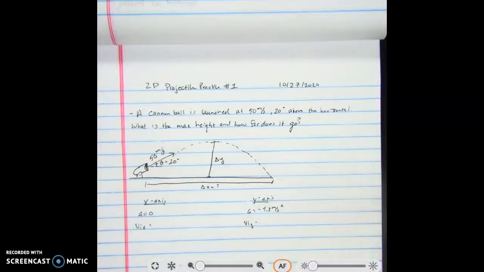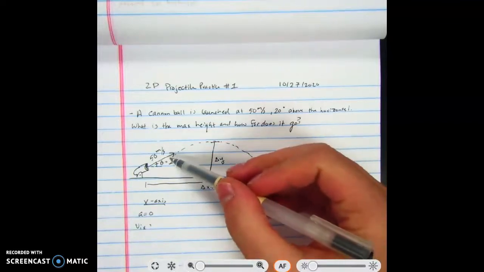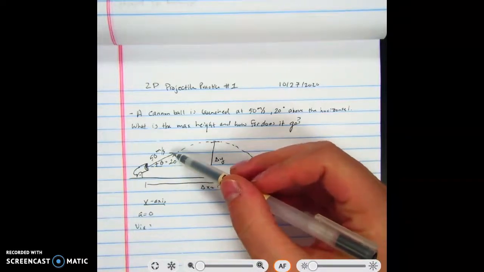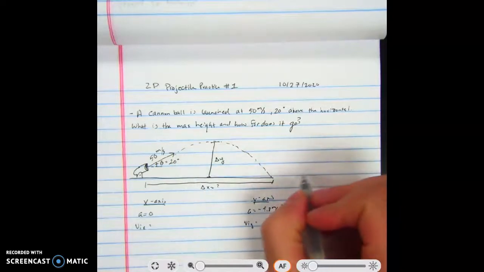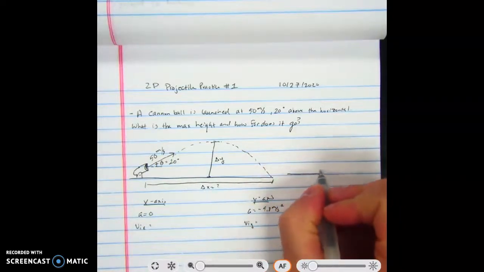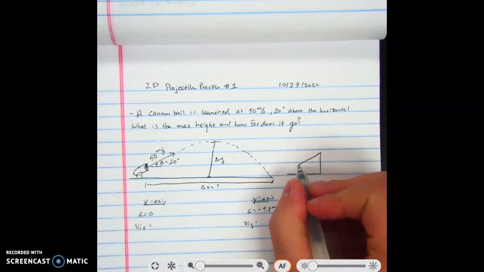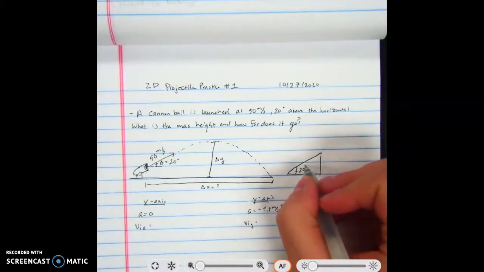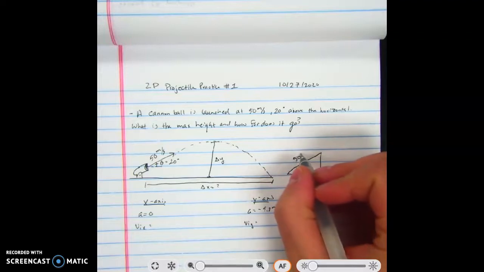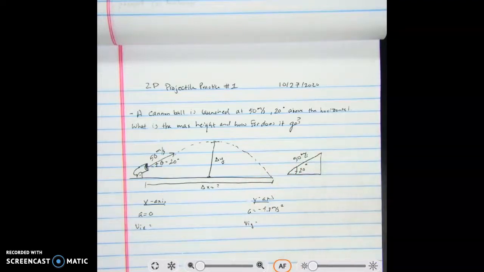but we can solve for those two things using this, okay, 50 meters per second, 20 degrees. Because remember, anytime you're given a magnitude followed by an angle, that creates a right triangle, okay?